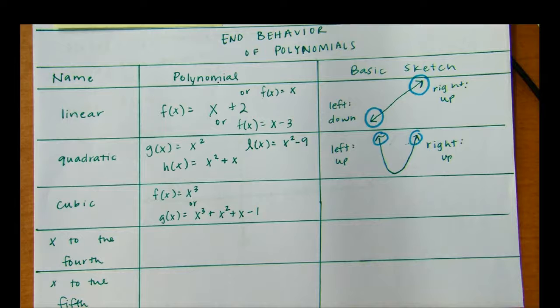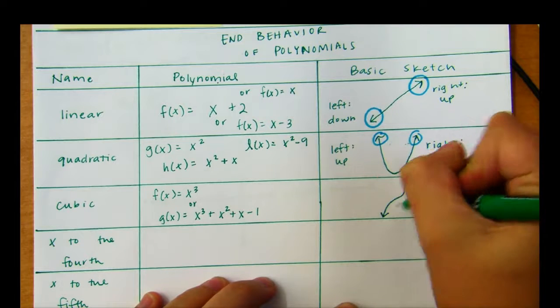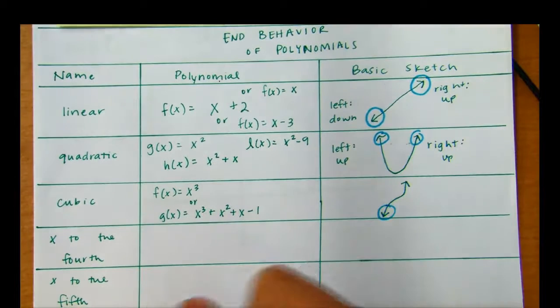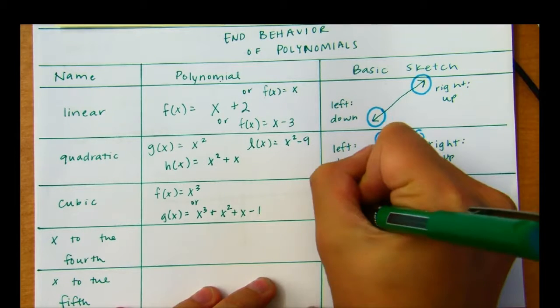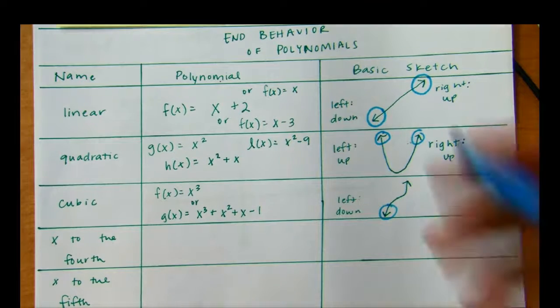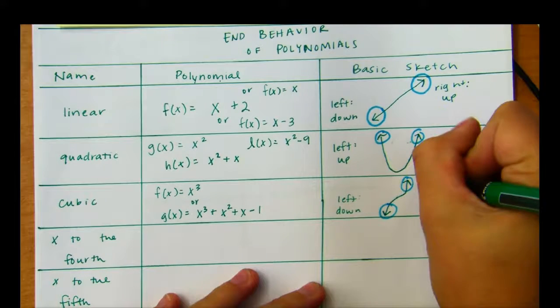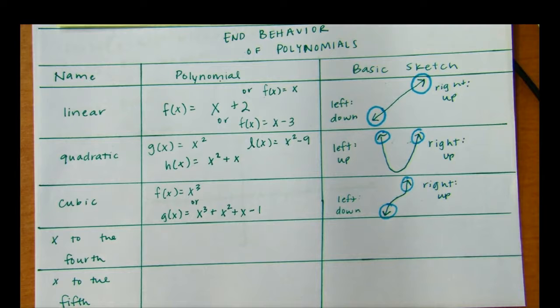All of our cubic equations have the same kind of form, where if I look at my end behavior, the left arrow is going down and the right arrow is going up.